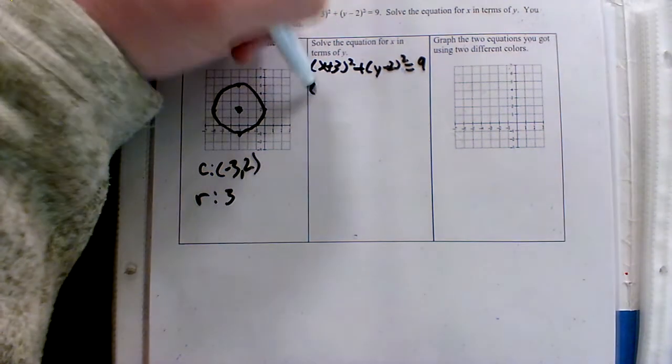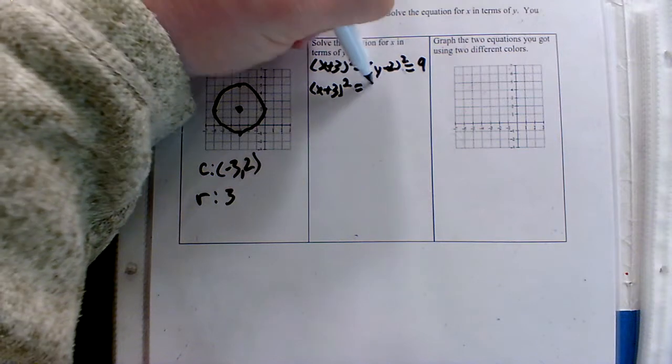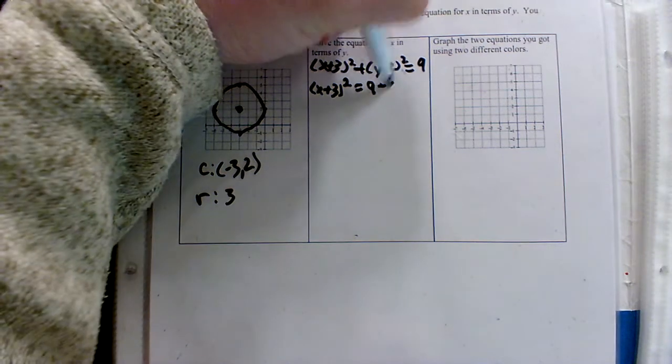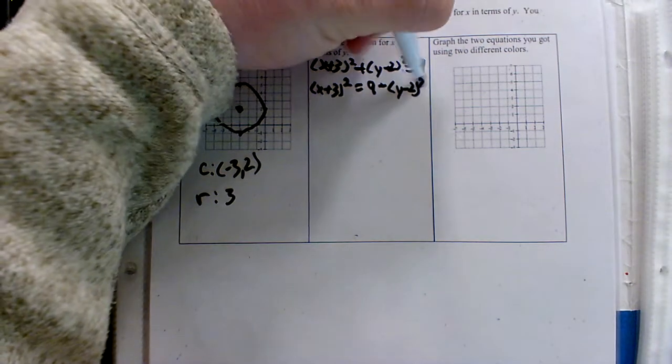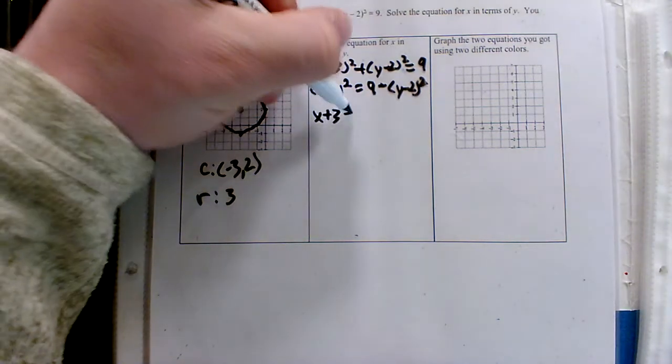Solving for x, I'm going to leave the (x + 3) squared, subtract over the (y - 2) squared, and square root both sides.